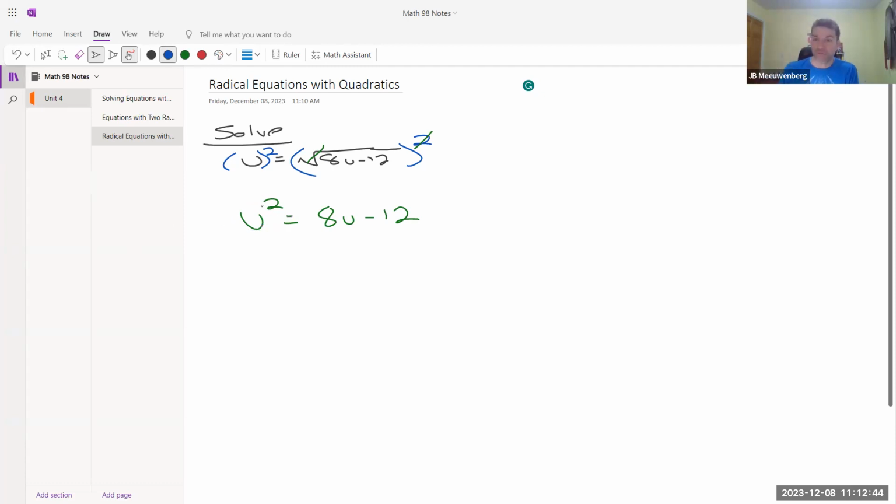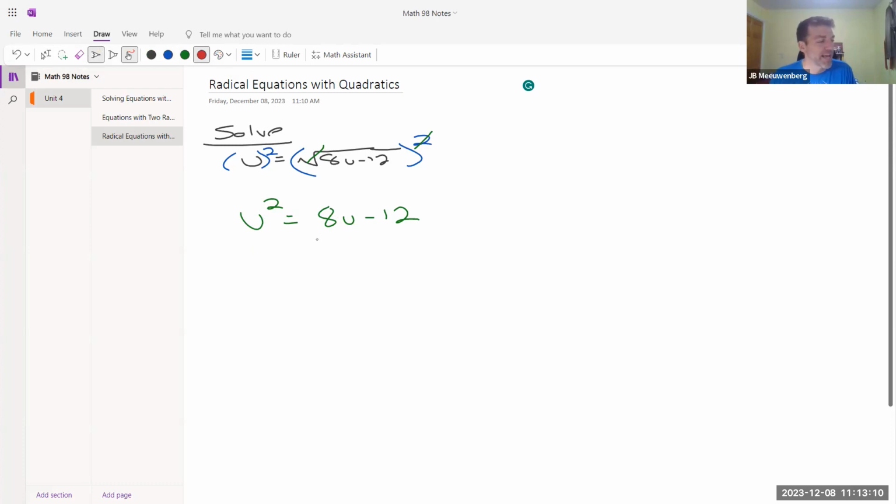When we're solving quadratics, as you hopefully remember before, we have to set it equal to 0 and then factor. Always, when you're trying to set it equal to 0, keep your squared term positive. If you try to subtract u squared and move it over here, you end up with a negative leading coefficient, and that just doesn't work out well.